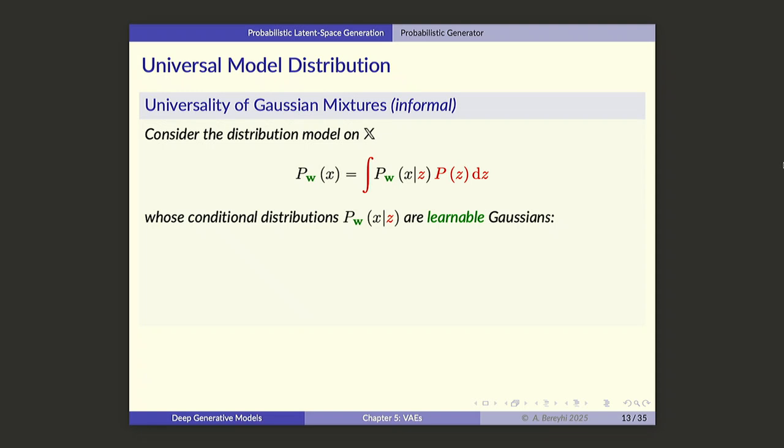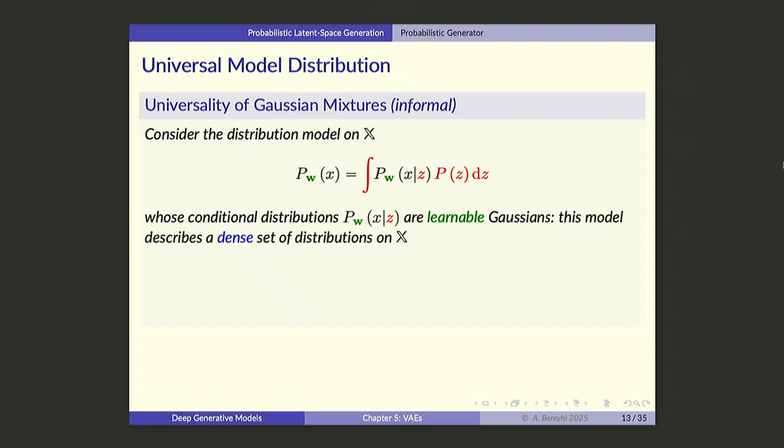As long as I have this Gaussian here, and the mean value that I'm computing is computed by some deep enough neural network, then I am able to pretty much approximate any distribution with this mixture of Gaussians.